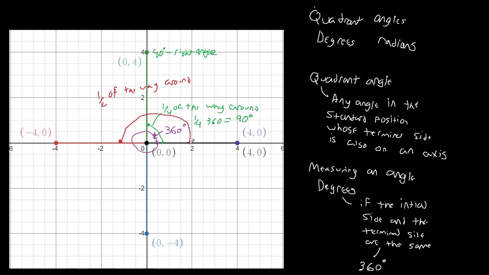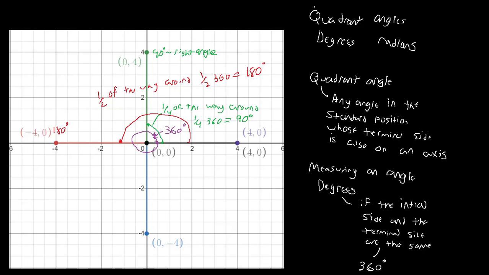Hopefully you can visually see that a straight line is equivalent to going half the way around. We're halfway to having the terminal side be the same as the initial side. So this would be equal to 1/2 of 360 degrees, which is equal to 180. Hopefully that makes sense. So this is going to be 180 degrees.